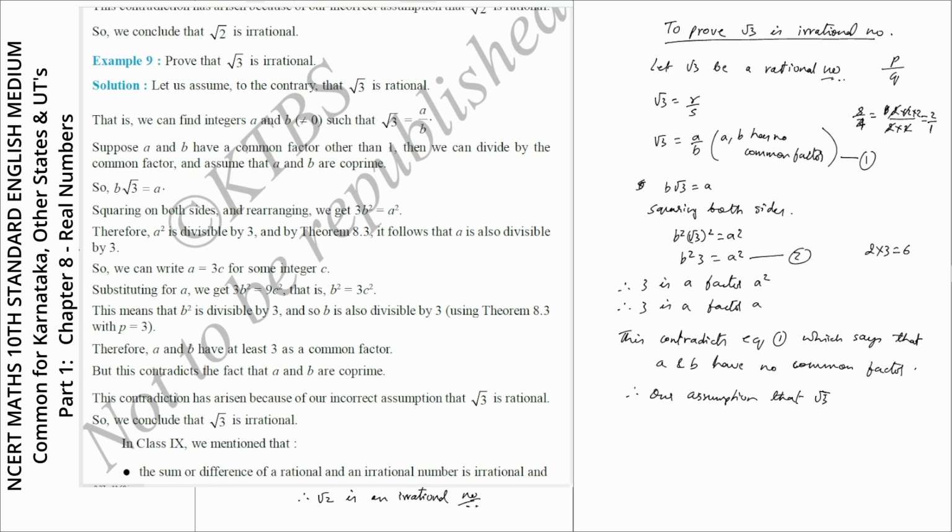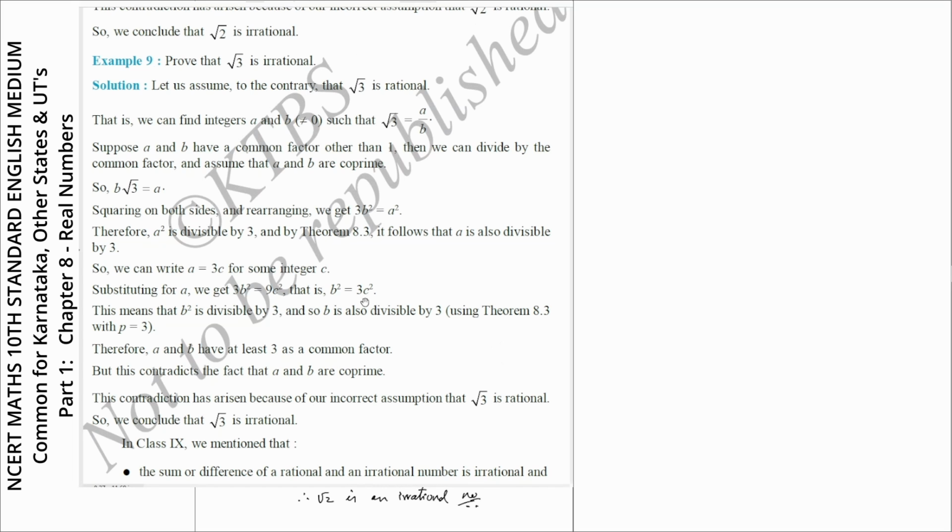So our assumption that root 3 is a rational number is wrong. That means I am unable to prove that it's a rational number. Therefore root 3 must be an irrational number. Therefore root 3 is an irrational number, and that completes the proof.